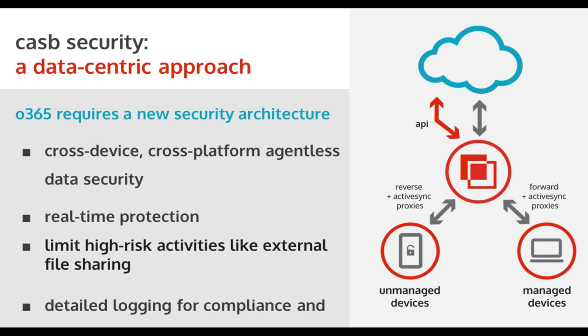That way you are able to take inline actions which are not possible through an API-based model. So you want a CASB which combines these pieces together, where you are able to control unmanaged devices via inline real-time protection, but also scan your existing data in the cloud for any sharing violations, etc., using APIs.